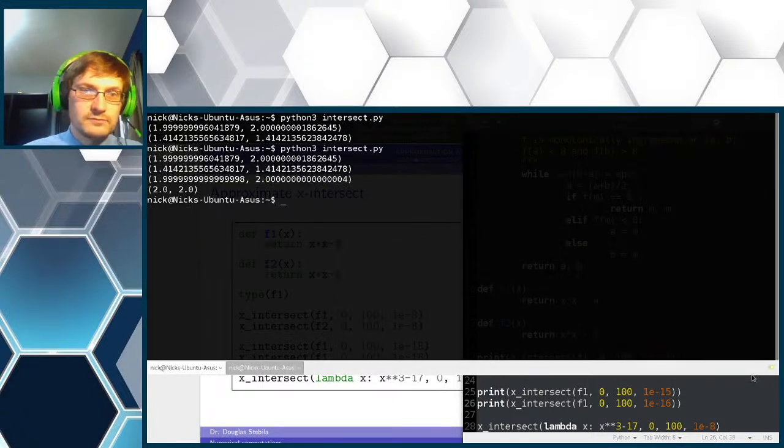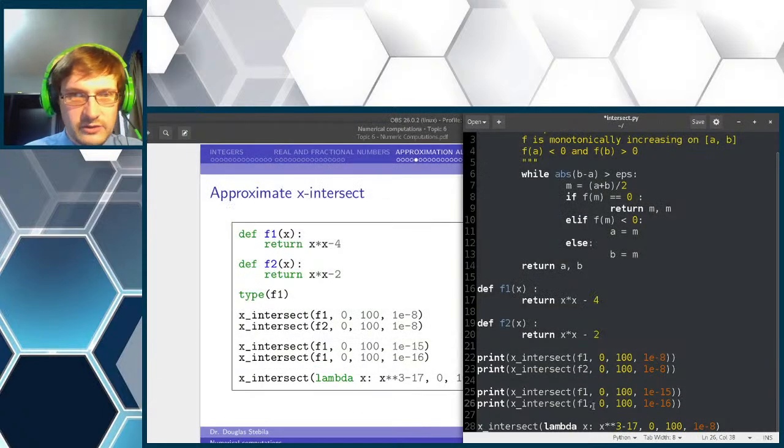So, there we go. You can see we get 1.9999998. And you can see that after that, we're starting to run into those floating point errors or floating point adjustments that are very usual.